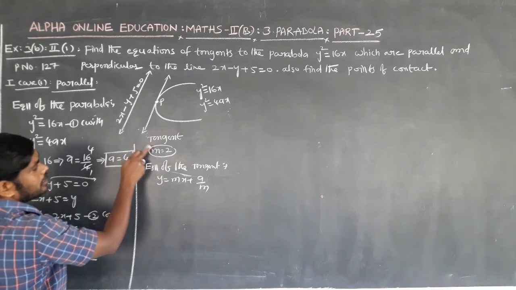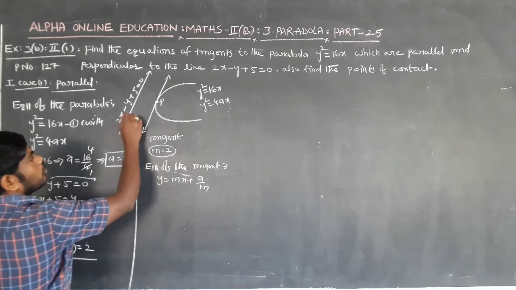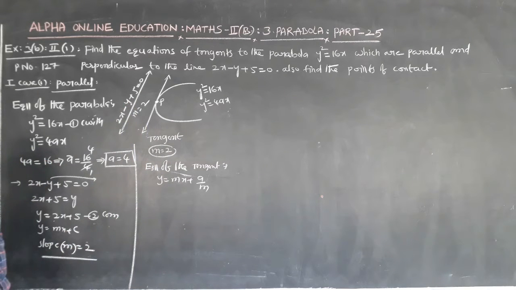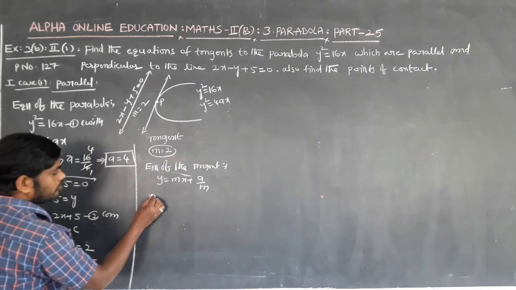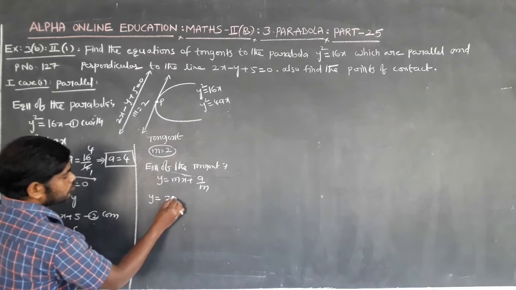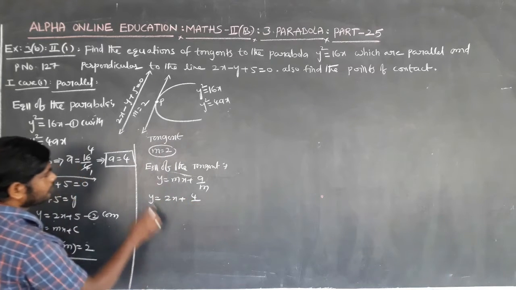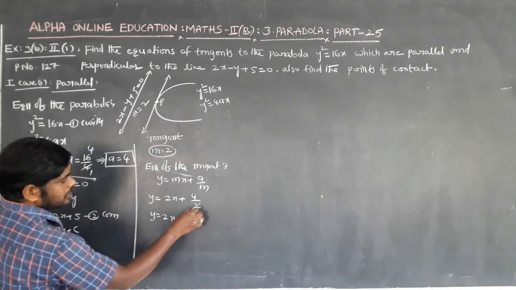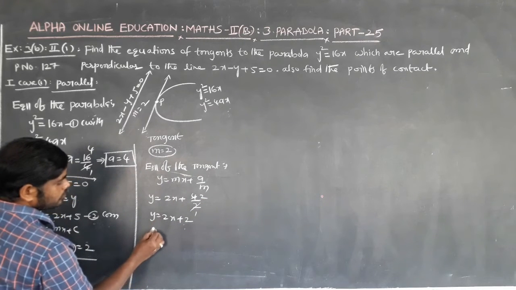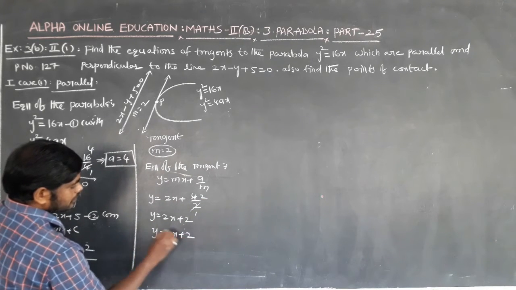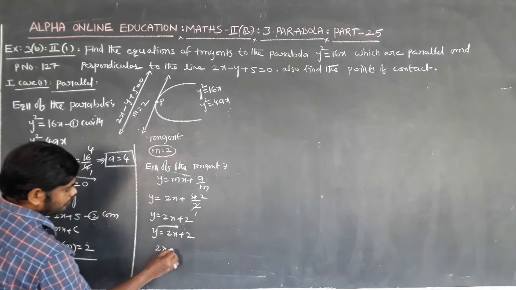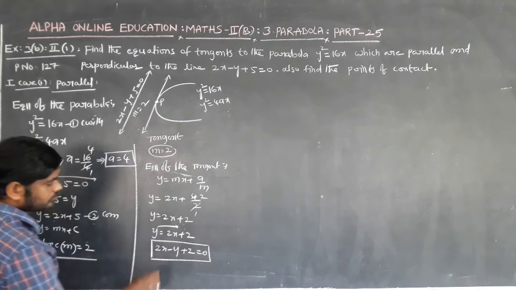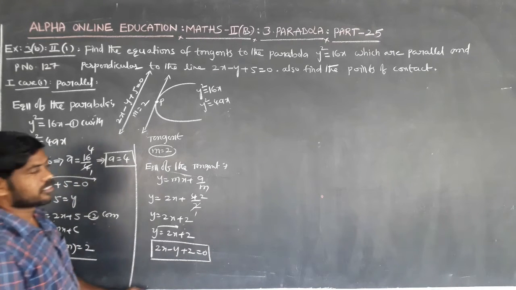Two lines are parallel, so their slopes are equal. The slope of the line is 2, so the tangent slope is equal to 2. Here y is equal to 2x plus a by m, 4 by 2, which is 2. So y is equal to 2x plus 2. Taking y to the right side, 2x minus y plus 2 is equal to 0. This is the equation of the tangent.